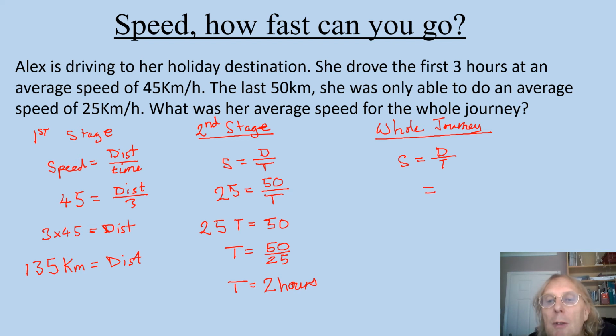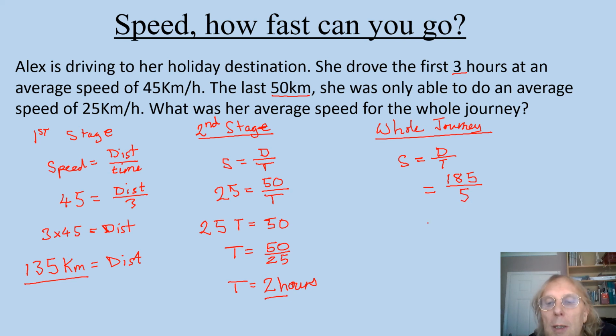So the distance, what was the total distance of the whole journey? There was 135 kilometers for the first part, and the second part was 50. So the distance is 185 kilometers. We're just adding those two together. The time for the first part was 3 hours, the second part was 2 hours, so the total time was 5.